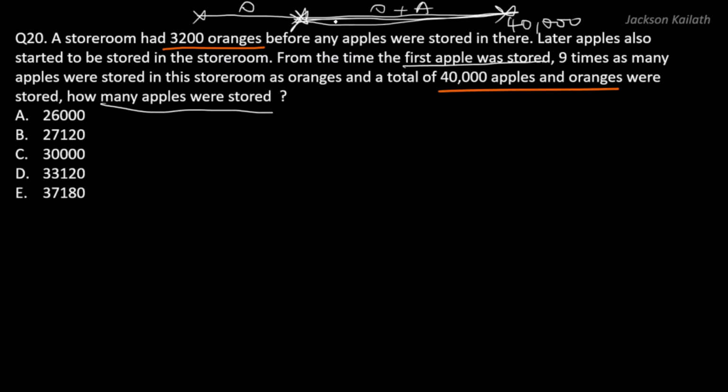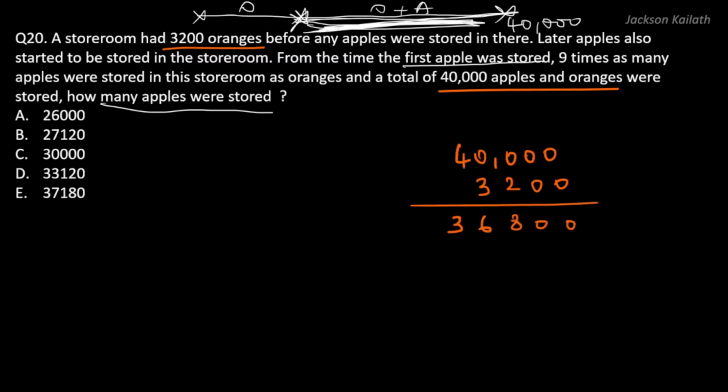Now, if we want to find out how many apples and oranges were stored during this time frame, after the initial 3,200 oranges were stored, that would be straightforward: 40,000 minus 3,200, which is equal to 36,800. So we know that in this time frame, a total of 36,800 oranges and apples were stored.